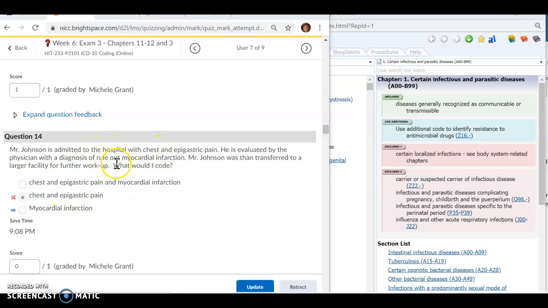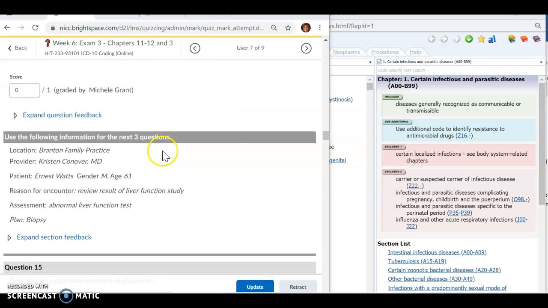Since this states, and we are inpatient, anything stated as rule out, you can code. So I can code the myocardial infarction. I cannot code the chest pain and the epigastric pain because they are integral to the MI. The keyword here is that they did not rule it out. They are just trying to rule it out.